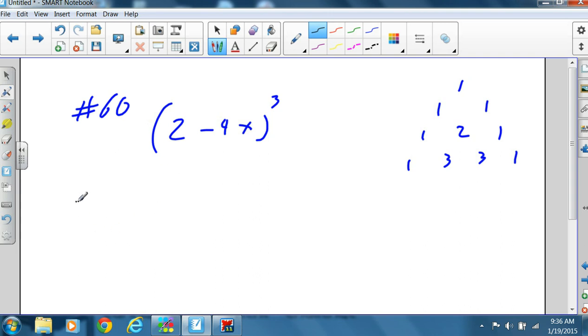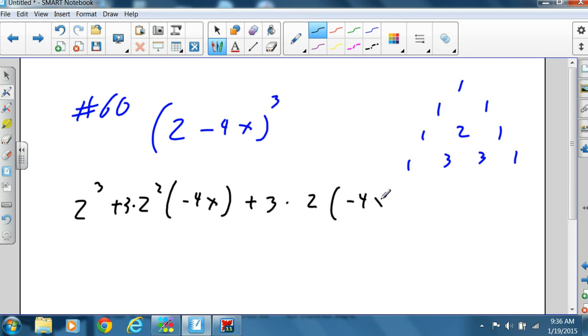So I'm going to have 2 cubed plus 2 squared times minus 4x times 3 plus 3 times 2 times minus 4x squared plus minus 4x cubed. And there's an implied 1 sitting there, and an implied 1 sitting here.